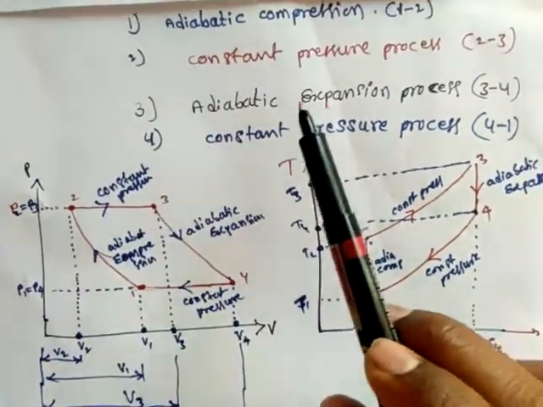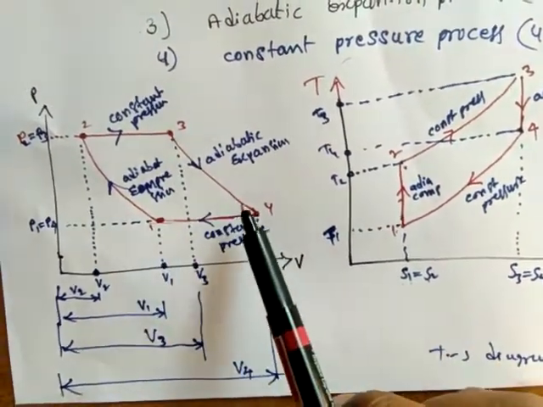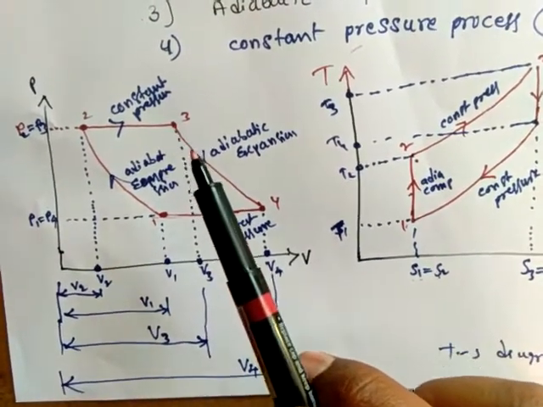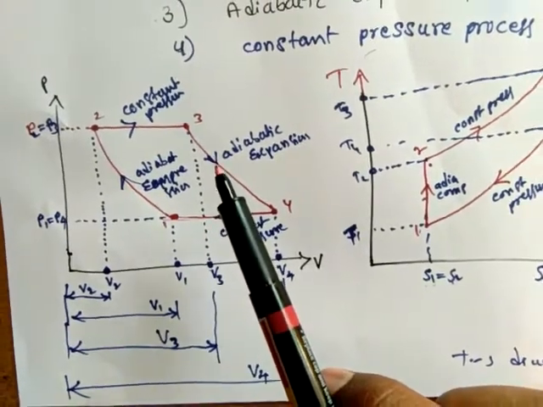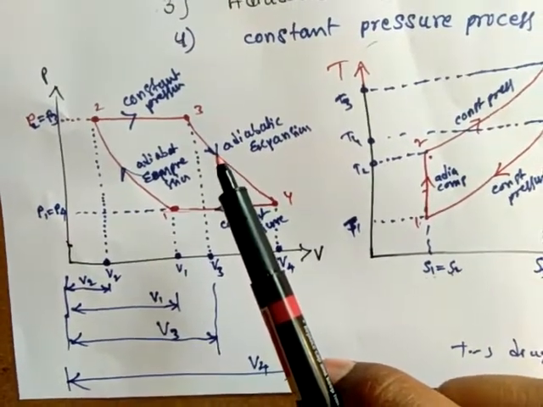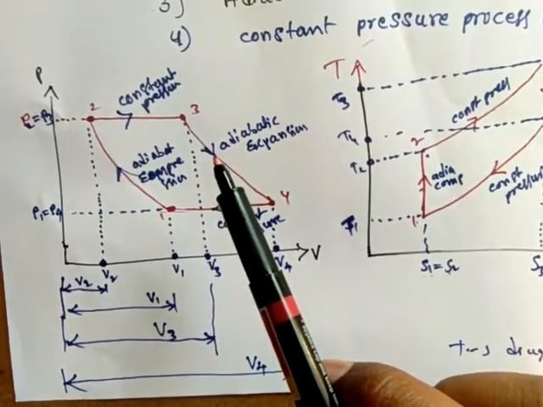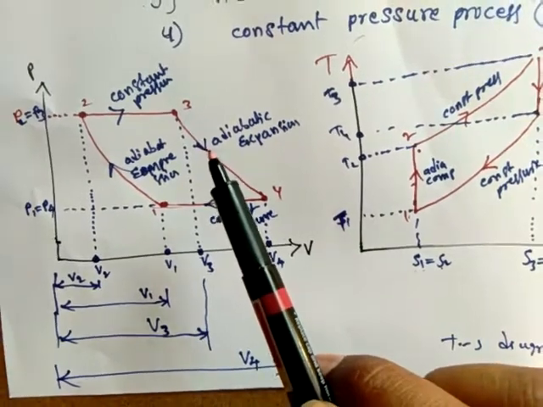And third process is adiabatic expansion process. In adiabatic process, the line should be a curved line. So 3 to 4 is the curved line. How can we say it is an expansion process? The arrow symbol must be away from the vertical axis, in the downward direction. That is the symbol of expansion process.